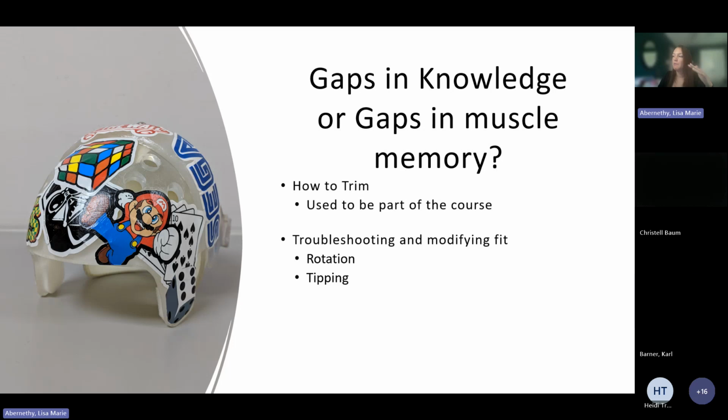For troubleshooting and modifying fit, I talk about when rotation occurs, why rotation occurs, but I don't go into depth about pad placement, for example. We talk a little bit about pad placement, but I don't go really into depth. When it comes to rotation specifically, I feel like it's dependent heavily on the helmet and the pathology.